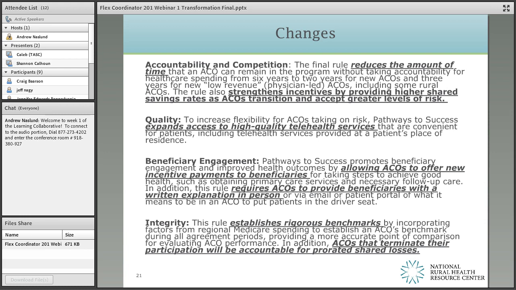I won't go through this next slide, but I put it in there for your reference. It's important to note that they're reducing the amount of time that an ACO can be in the ACO program without taking risk. It also says they're strengthening the incentive to move to risk.